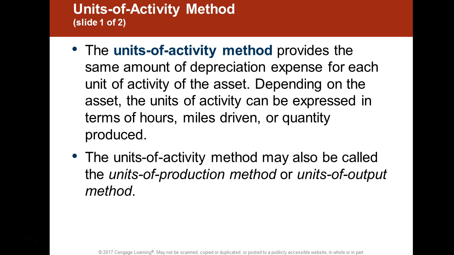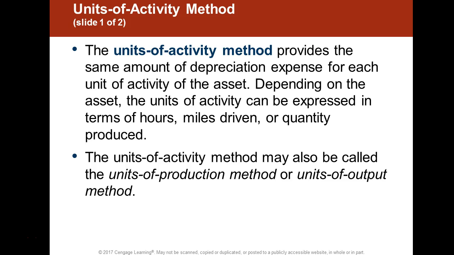Units of production or units of activity provides the same amount of depreciation expense based on each unit of that asset. Depending on how many units that particular asset has produced, you get a different depreciation expense. But the factor that you'll be using will remain the same. Again, you'll go through some details of that as you're going through your homework.